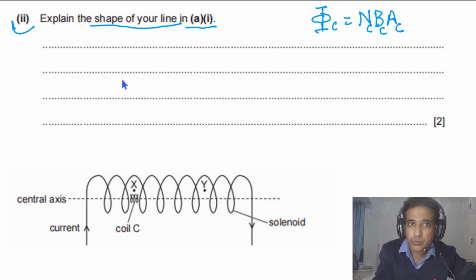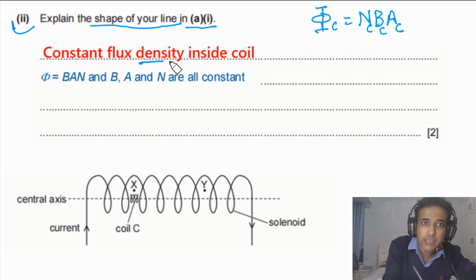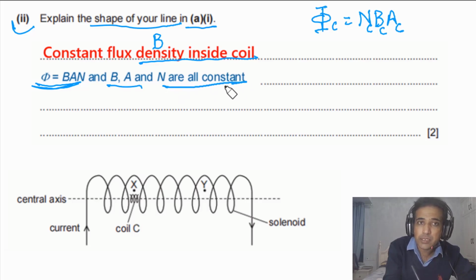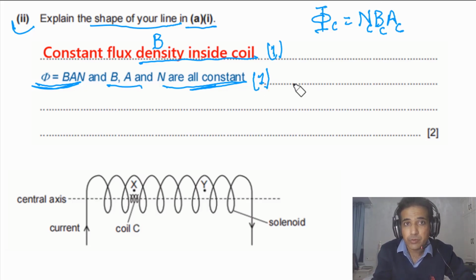You need to write down these points. The first point is constant flux density inside the coil. Flux density means B. Then flux linkage is equal to BAN: B is constant, A is constant, and N is also constant. If you have written the first point, you will get 1 mark, and for the second one, you will get the second mark. This is how these 2 marks will be awarded.